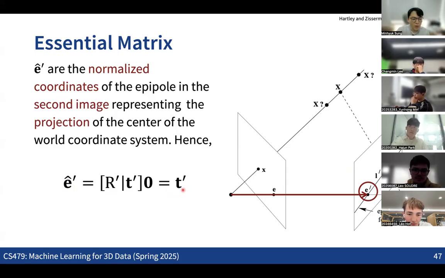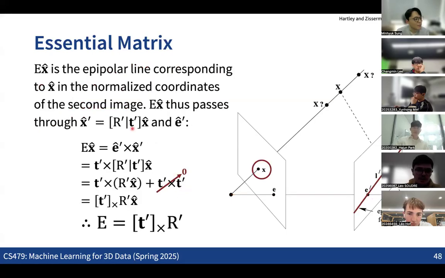So this is the one fact. And the second thing is about the epipolar line, from one of the points in the first image to the second image. The point that we are projecting can be calculated in this way, right?